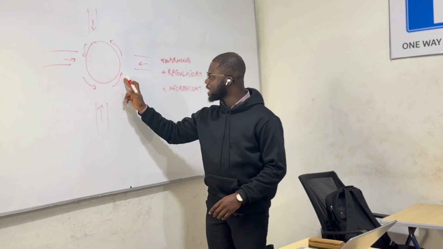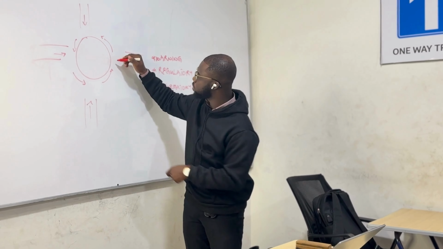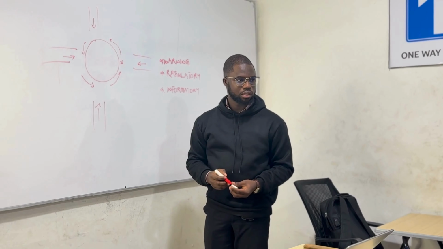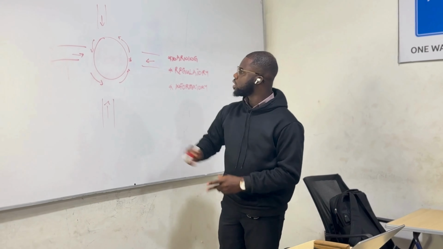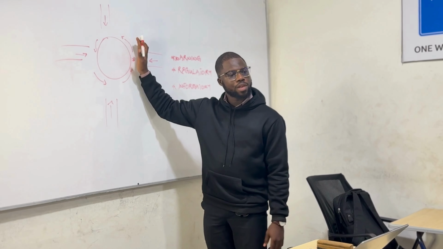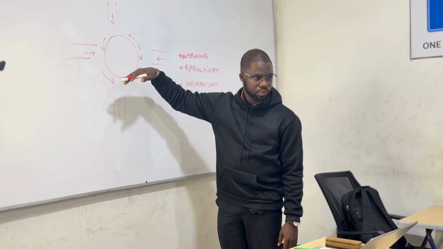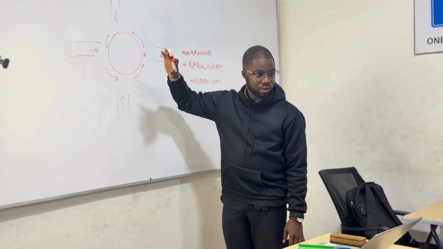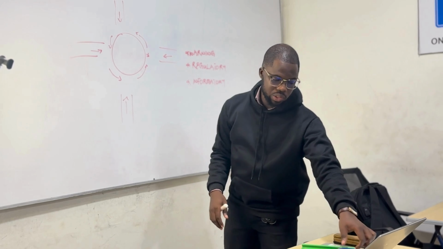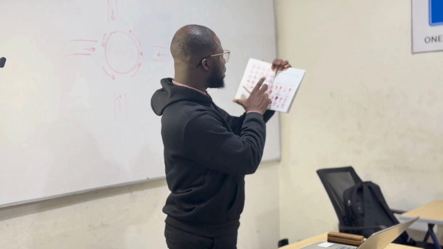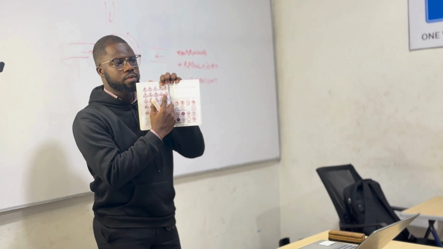Otherwise, if there is a car here trying to move and you also force yourself, there will be a crash here. So if they are moving, you let them exit the roundabout before you go into the roundabout. Is that clear?